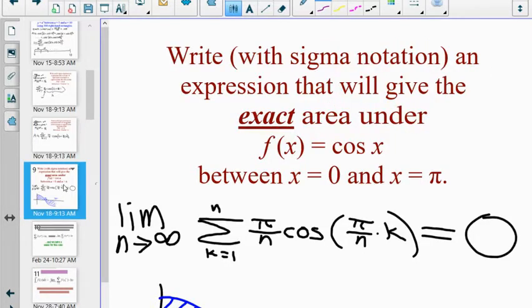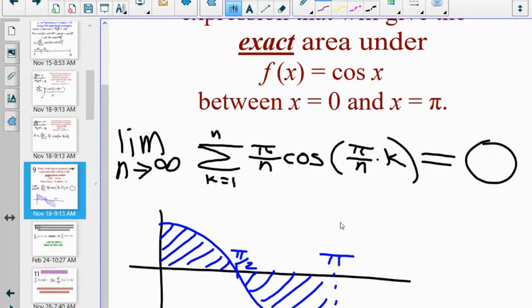But I'll finish with this by saying that when I have this general form, if I want to move toward exact area instead of an approximation, I don't want 10 or 100 or 1,000, but I want to find the limit as n goes to infinity. I've got this expression in terms of n. I can let n go to infinity, and if I can evaluate this, we can find the exact area under this curve.